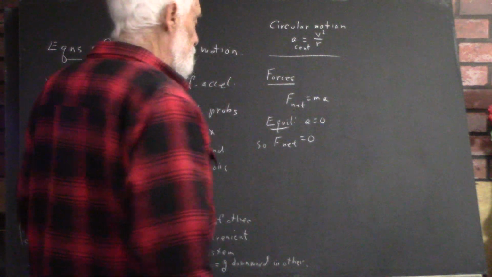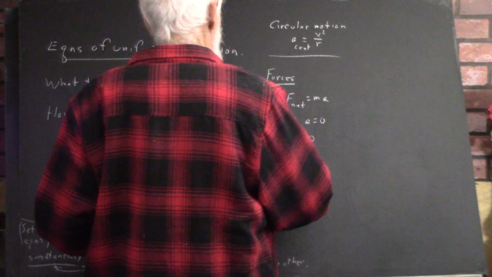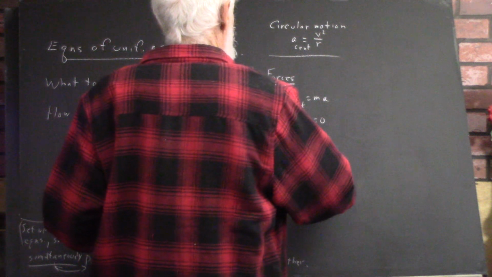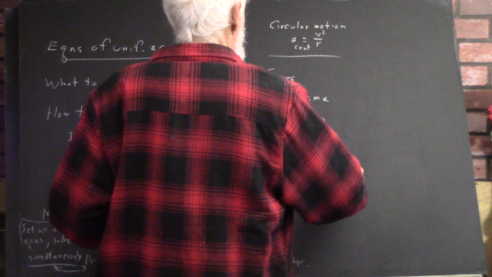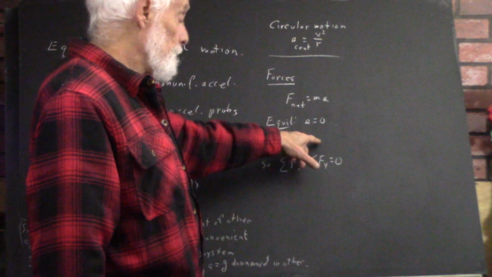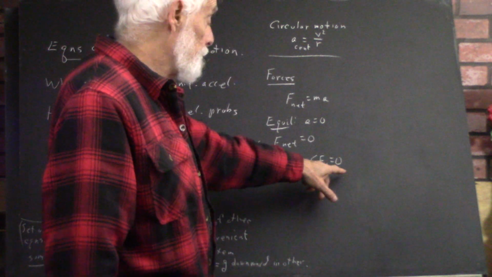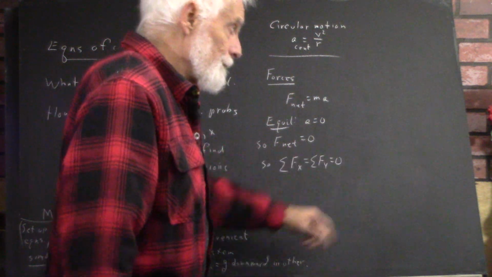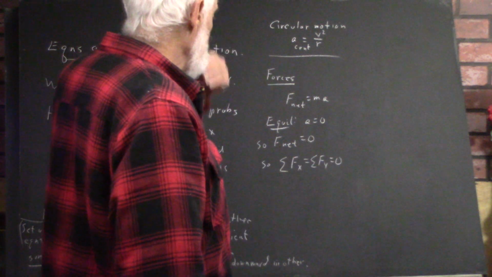So net force is 0. So the sum of your forces in the x direction plus the sum of your forces in the y direction has to be 0. And that's what you apply to solve problems.